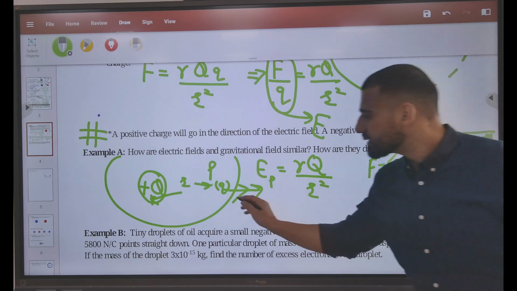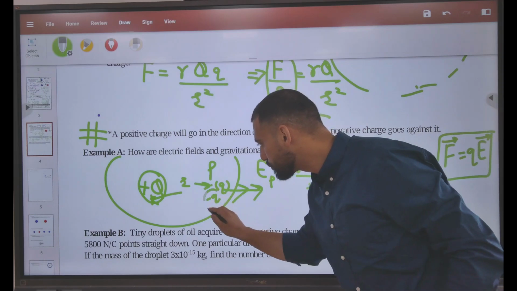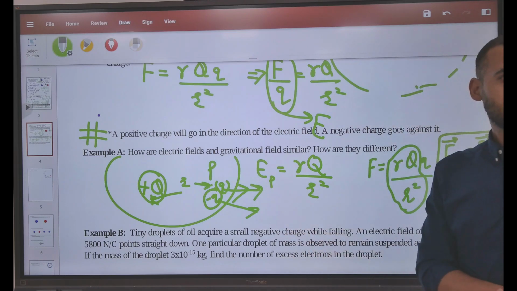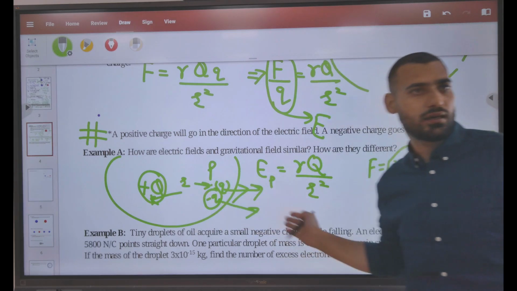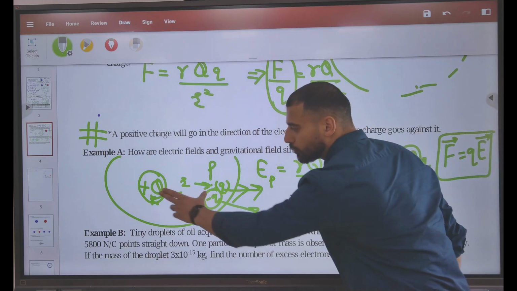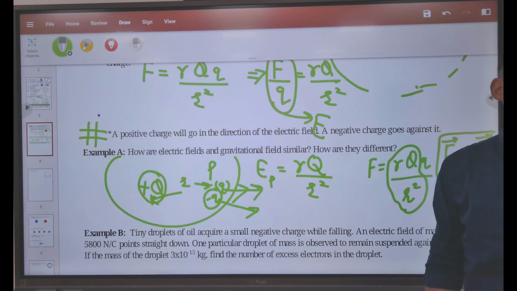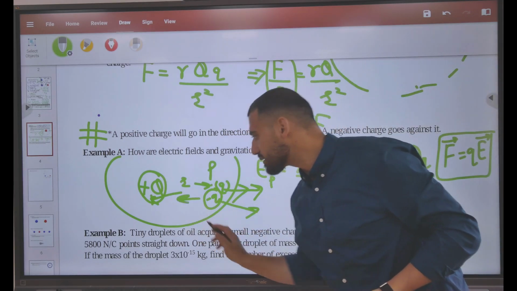But if you place a negative charge here, electric field was like this, isn't it? Because electric field is due to this, which is away. But what will happen between these two charges? What is the force? Is it attractive or repulsive? Attractive. So the force is here, isn't it? Yes.